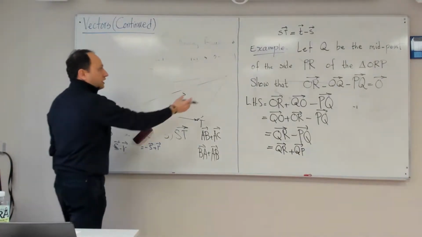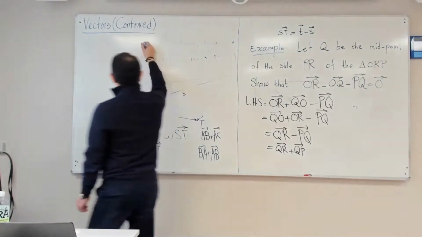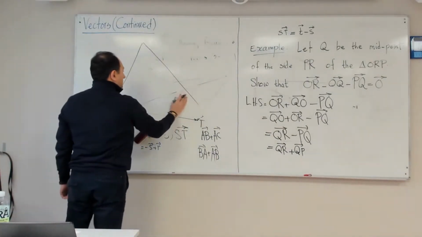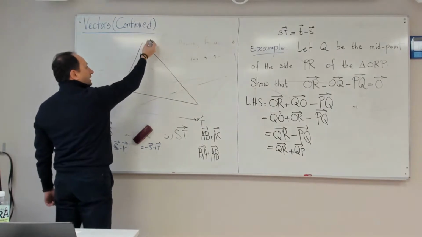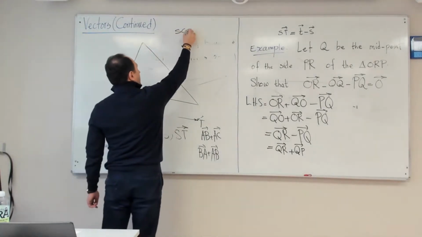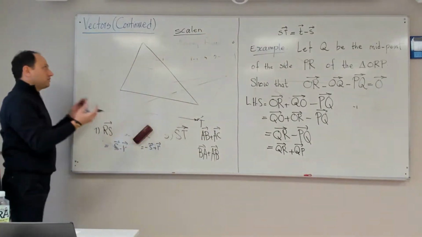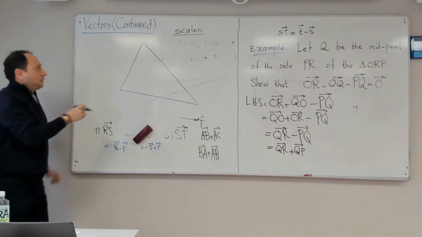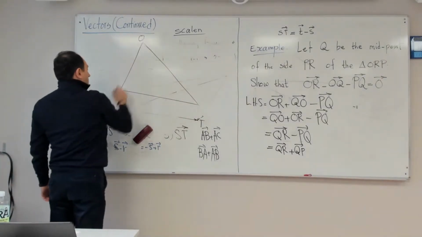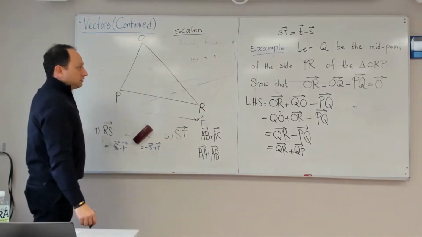So I have to draw a triangle, call it ORP. For example, this is my triangle. When it is not mentioned what type of triangle it is, you draw it as a scalene triangle. Scalene means not equilateral, not isosceles, nothing special about it. OPR.